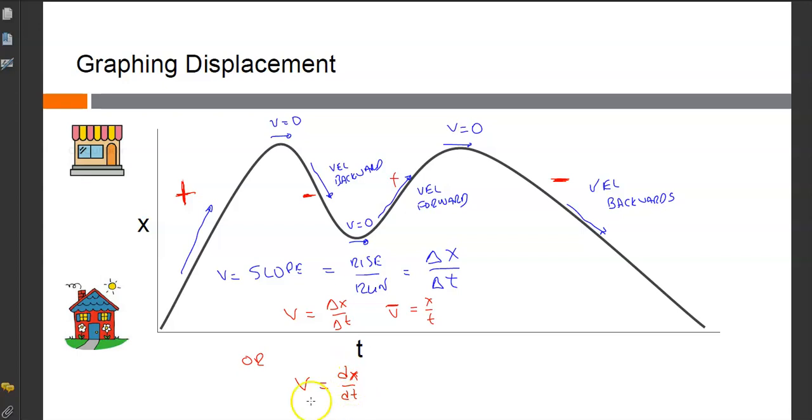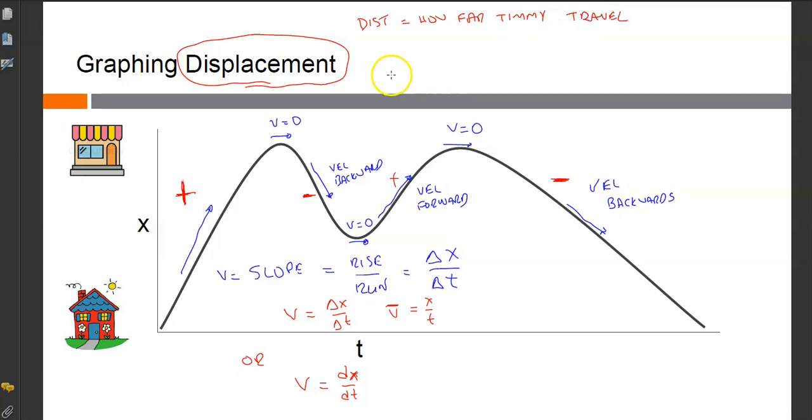Now, I didn't go into the gory details of this word right here on that first video. The 201 people don't really need to know the distinction between that. But displacement is a little bit different than distance. Distance says how far did you go? How far did little Timmy travel here? And that's one number.